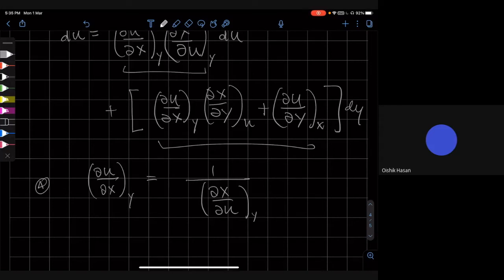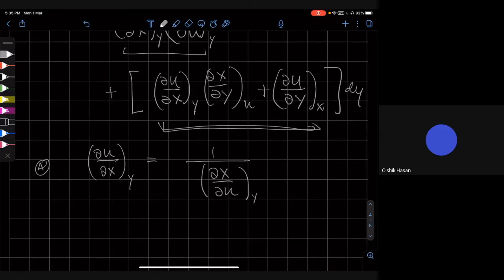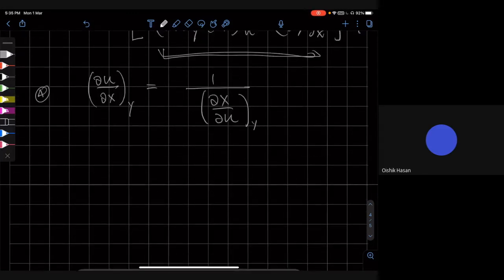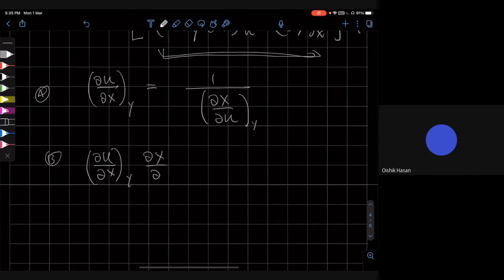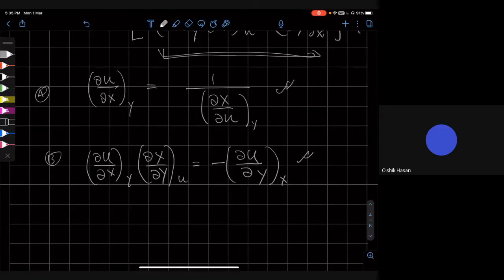The other thing is that this should be 0. So that means that we should get another identity, which is (du/dx) at y times (dx/dy) at u equal to minus (du/dy) at x. But we can use equation A on the right-hand side and convert that into something nice looking.